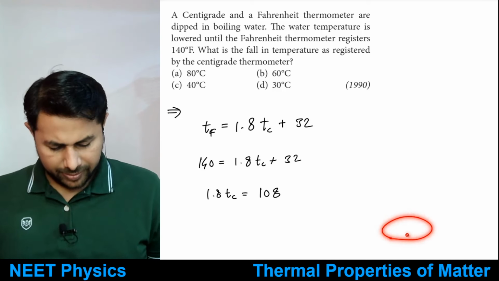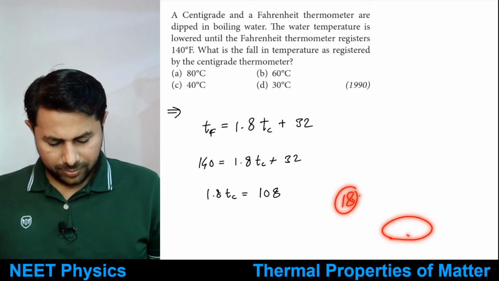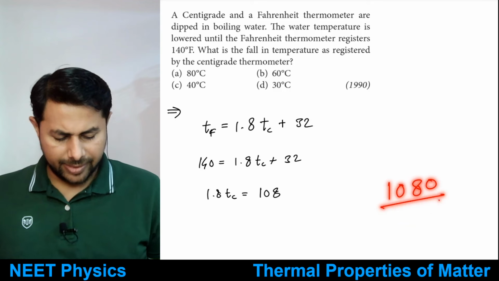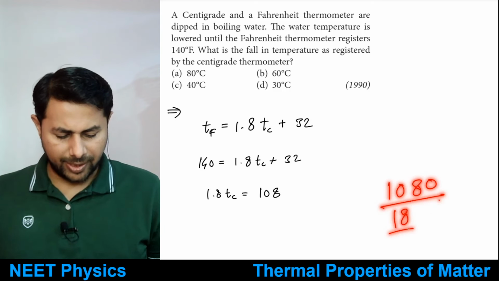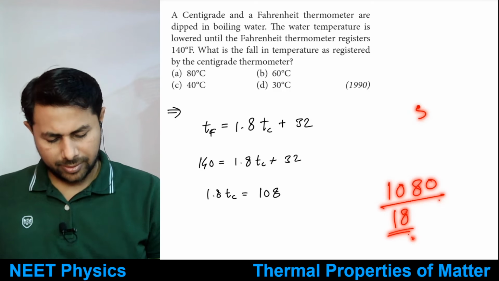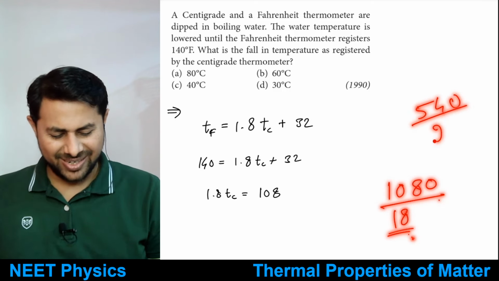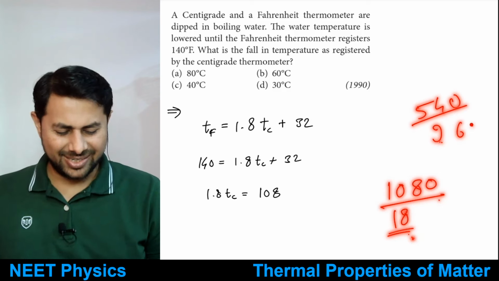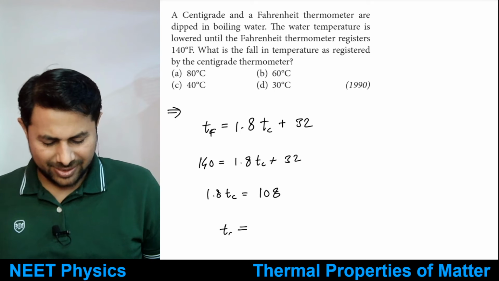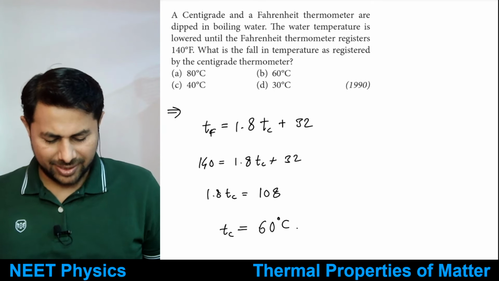How much would that be? It is 540 divided by 9, and this will be 60, right? So temperature in Celsius would be 60 degrees Celsius.